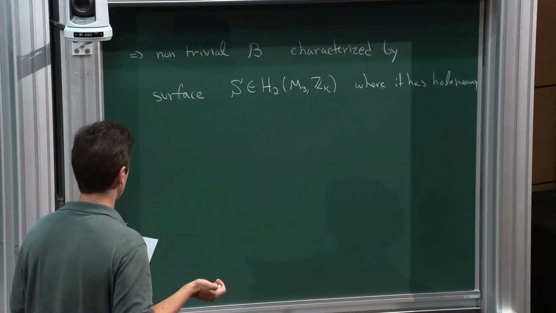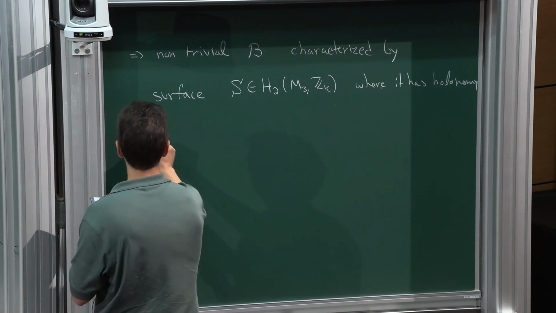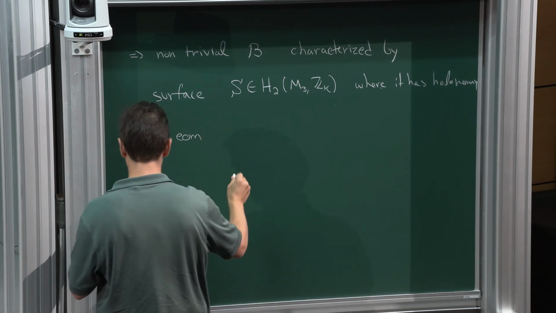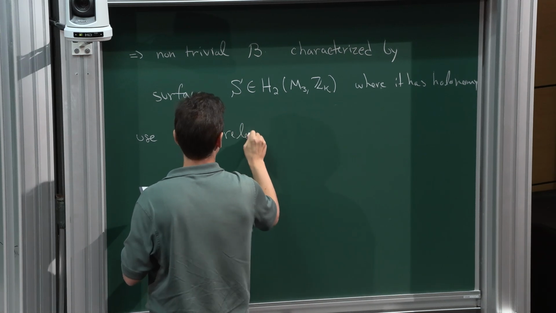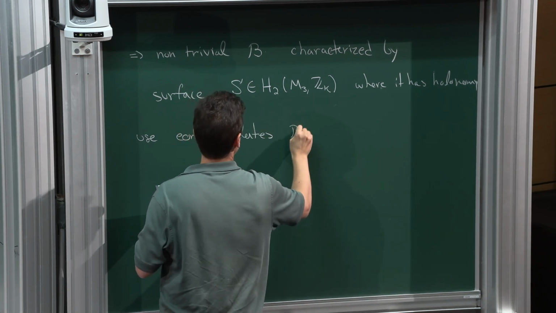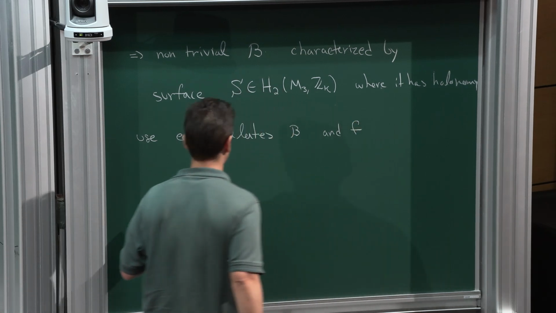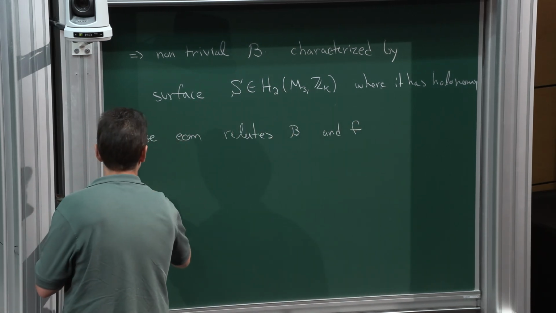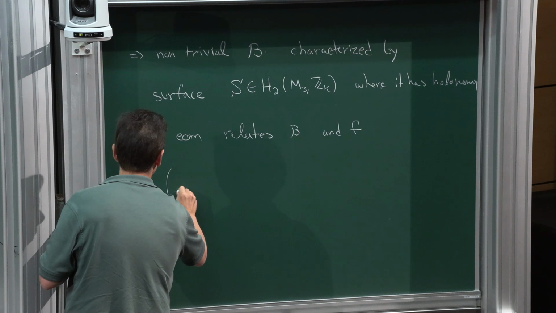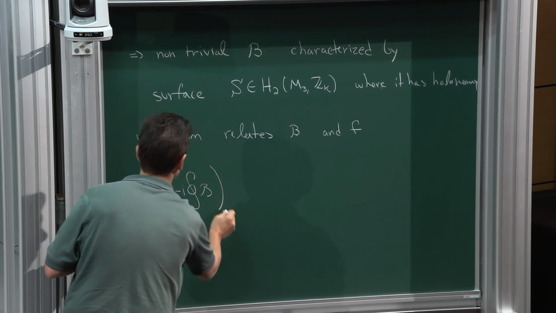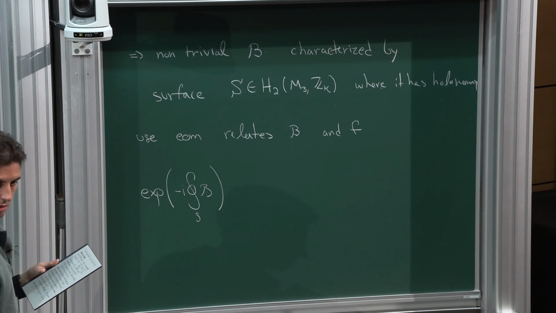It can be even more specific. So if we use the equation of motion, which relates beta and F, we can look at a Wilson surface of beta. That's a surface in M3.